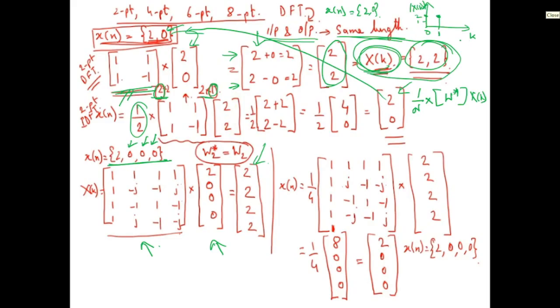So if I want to put it into the graph, it should be 0 1 2 3. So all will be having the amplitude of 2. Okay. So again, if I want to go back to the time domain signal, 1 by 4 conjugate of total factor matrix. If you see, the sign has changed. Then I have used this x of k over here. Just calculate it, and you get back to the x of n. Okay.